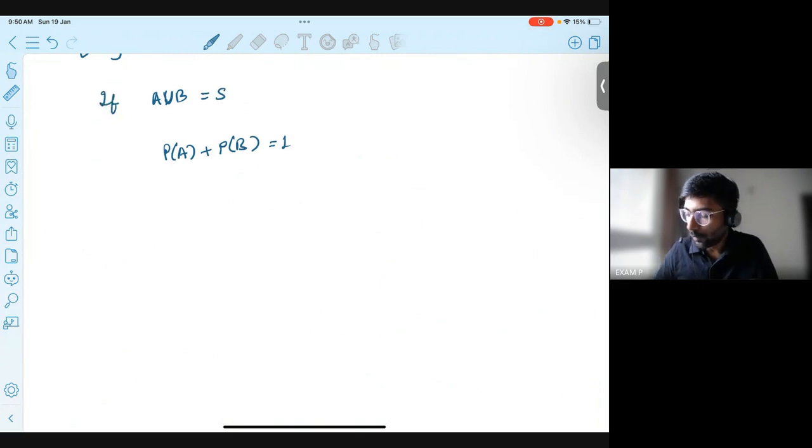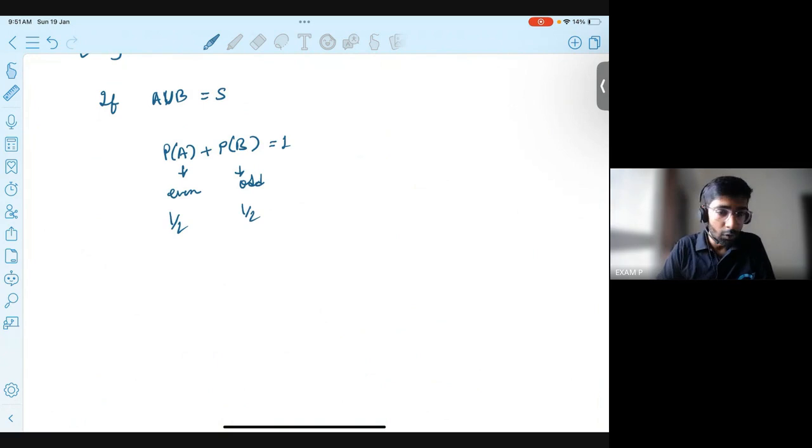So if you have only two events which make up the entire sample space, then their probabilities should also add up to 1, which is quite logical, right? If A is an even number and B is an odd number, then one will be half and the other will also be half, so they'll add up to 1. So if you add up all possible cases, then you should get 1.